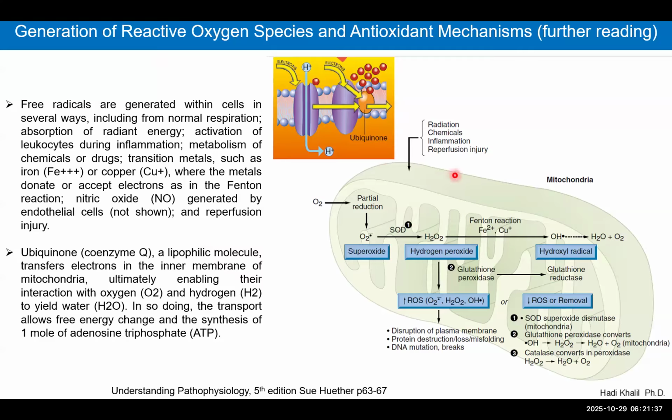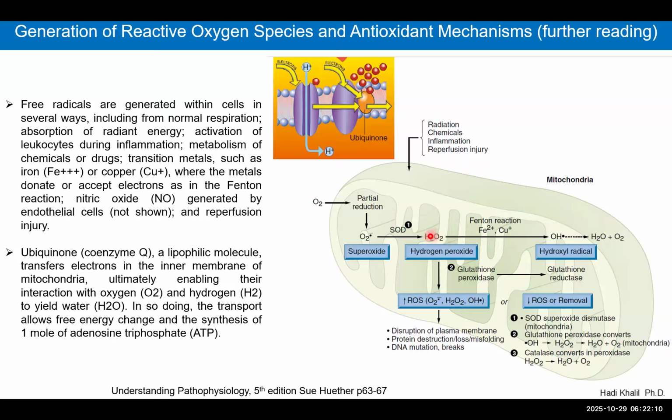But just to summarize, for the sake of today's lecture, whether radiation, chemicals, inflammation, or reperfusion injury took place, superoxides are generated. Within mitochondria, there is the superoxide dismutase, which converts superoxide to hydrogen peroxide, H2O2. This is a less potent reactive oxygen species.